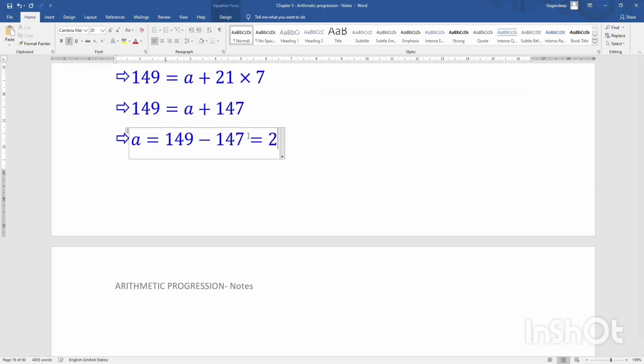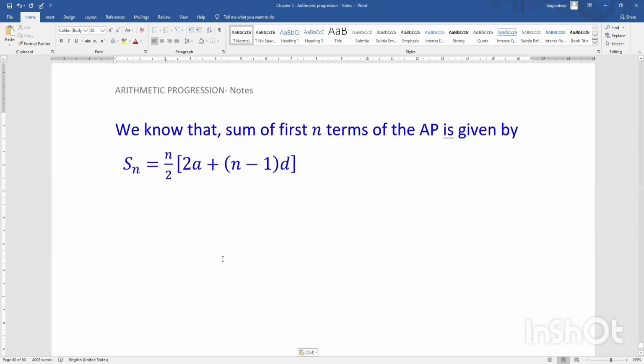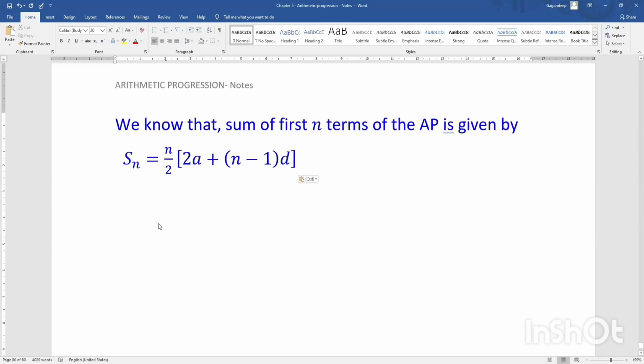Next step, we take the Sn formula. Sn is equal to n by 2 into 2a plus n minus 1 into d. Now here I take S22.